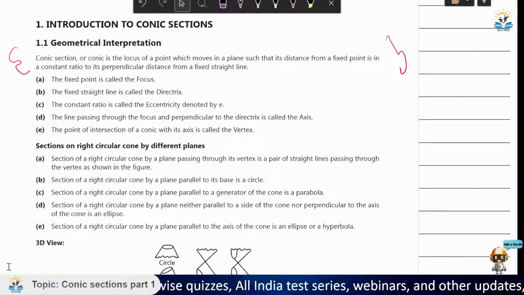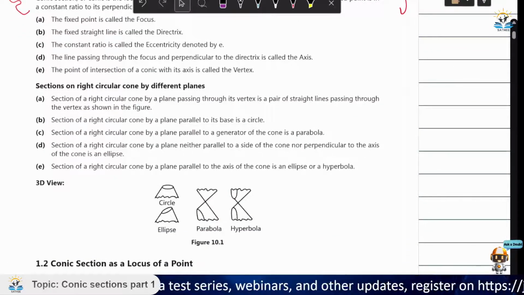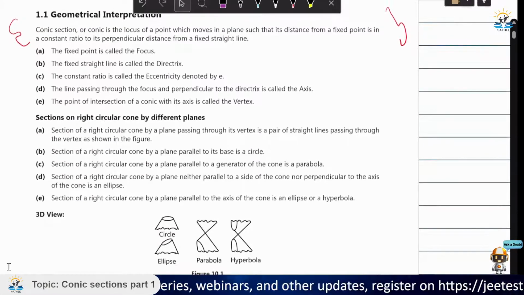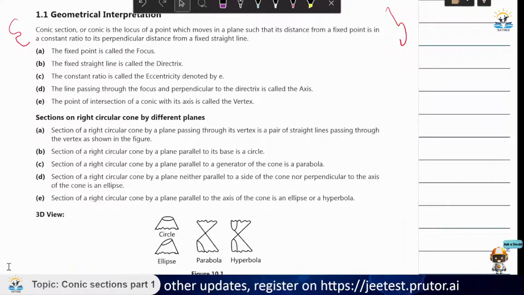So the sections on the right show a circular cone cut by different planes. Okay, so one thing: I too was fascinated when I discovered why this whole part is called the conic section. Why a parabola or a hyperbola or an ellipse is being called a conic.